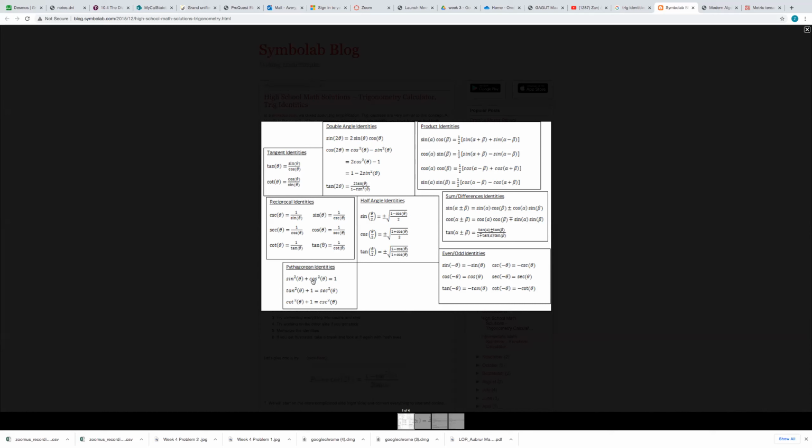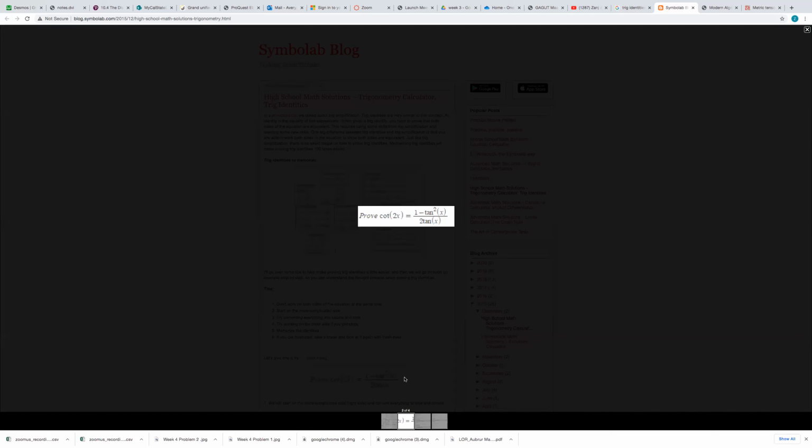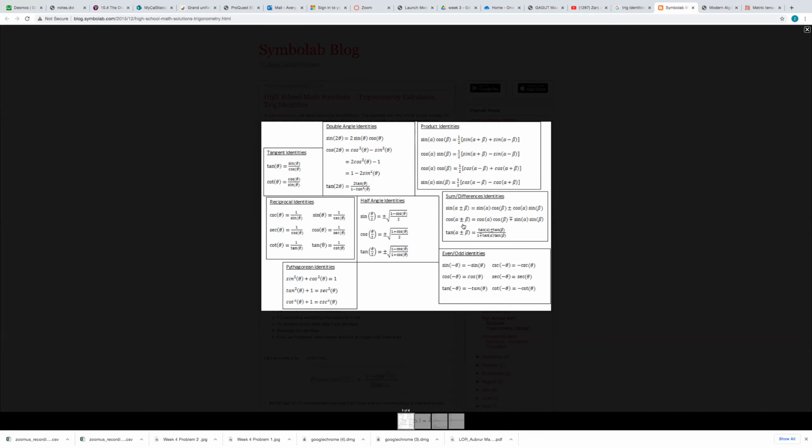We did the Pythagorean identities, the sum and difference, the double angles, and then the half angle identities. The product identities, just to give you a hint, are derived from the sum and difference identities.